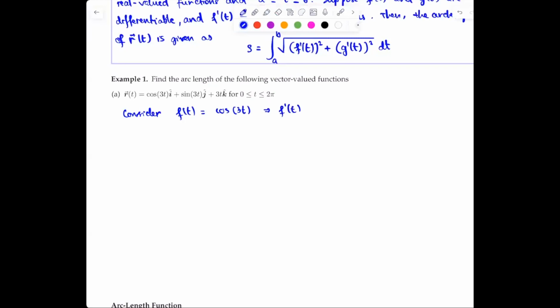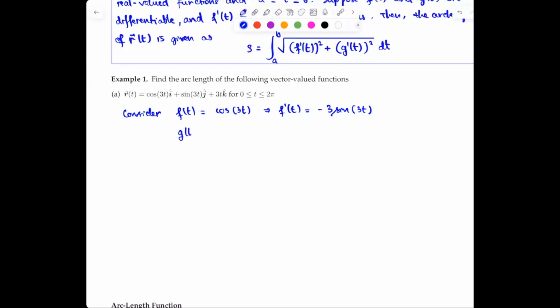Therefore, f prime of t is equal to -3 times sine of 3t. So we take the first derivative of each component of the vector value function because we know that we will use the derivative to calculate the arc length.